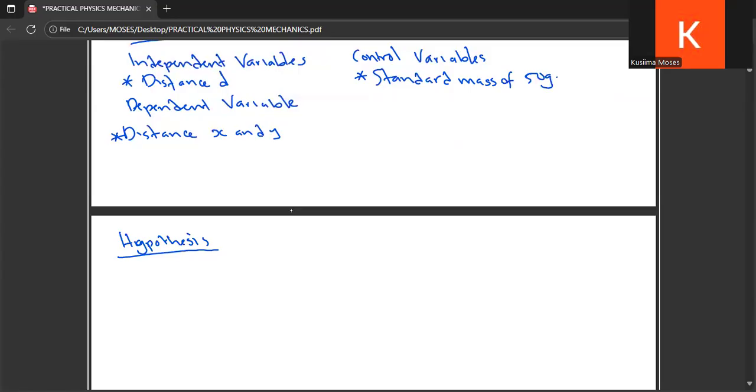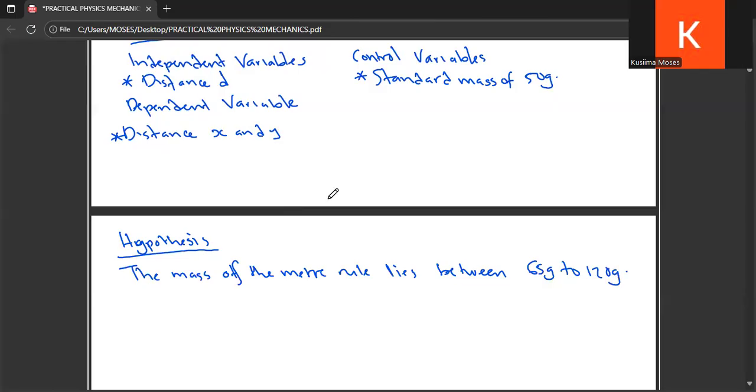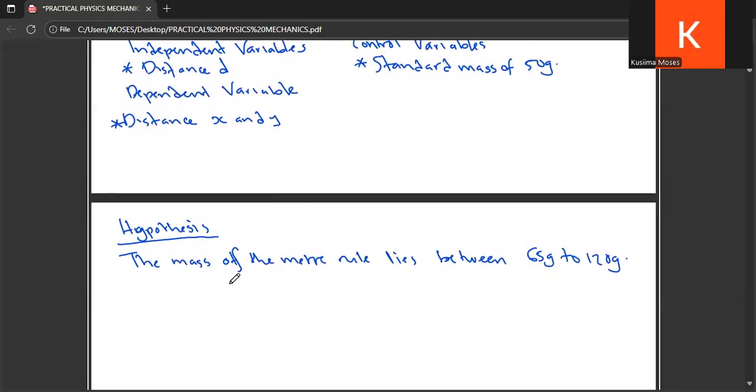So we shall say the mass of the metal lies between 65 grams to 120 grams. You can even change a bit from what was given in the question. You can edit a bit.